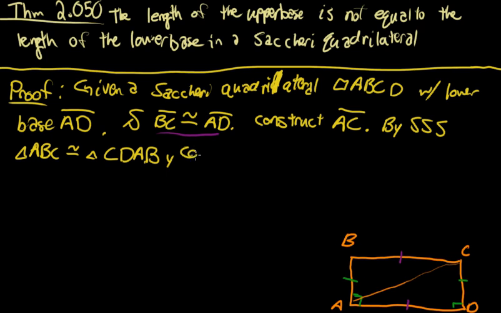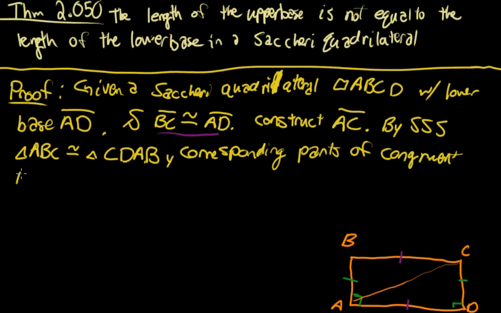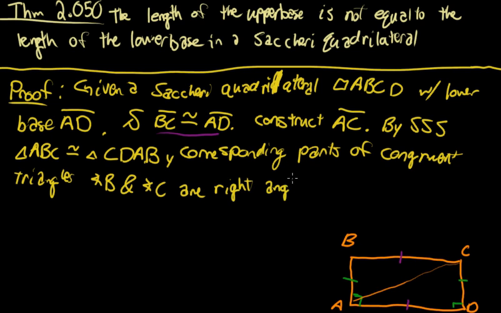Then by corresponding parts of congruent triangles, angle B and angle C are right angles. Let's draw some measurements in here.